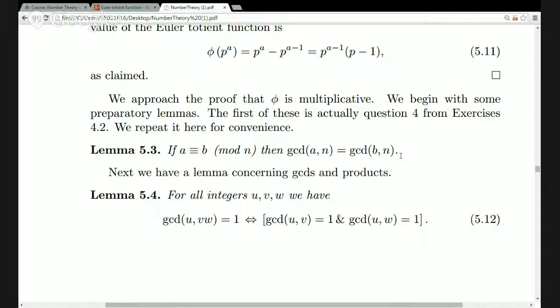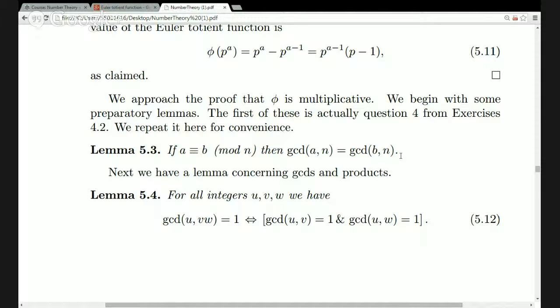If you have two numbers, a and b, that are in the same congruence class, then they have the same greatest common divisor with n. So that's nice. That means you can speak of the greatest common divisor of a congruence class, because every integer in that congruence class has the same greatest common divisor with n. So it makes sense to say the greatest common divisor of that congruence class with n.